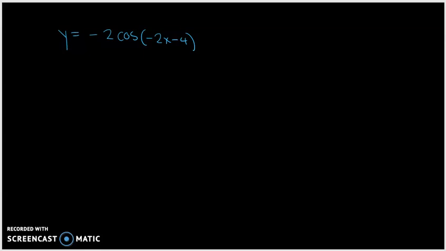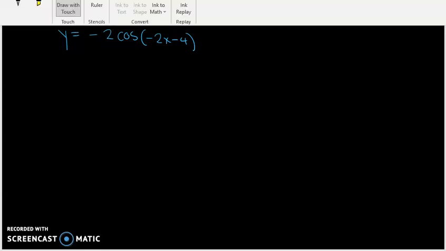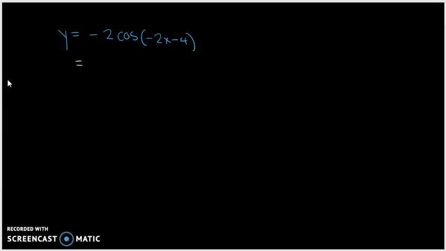The first thing I would do is not worry about the graph yet. I would do some simplifying. This equals -2 times cosine, I'd factor out the -2, of -2 times x plus 2.